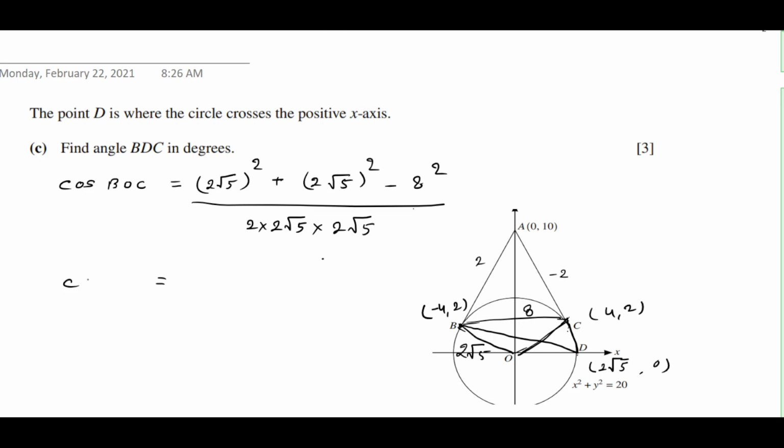Cos A is equal to b square plus c square minus a square upon 2bc, something like this only. A is what? This opposite side. Two times 2 root 5 times 2 root 5 is 40.